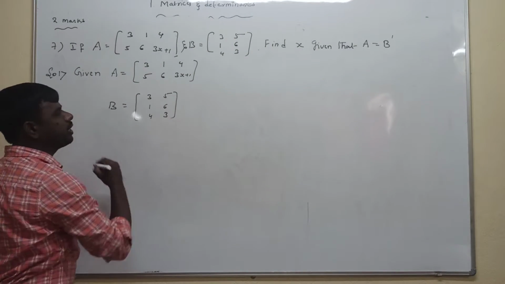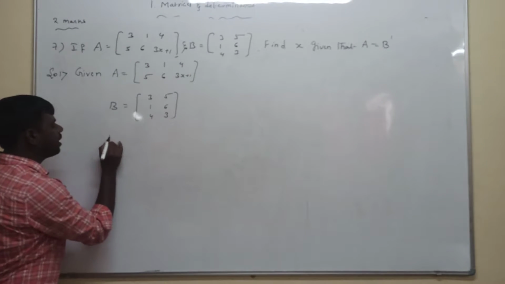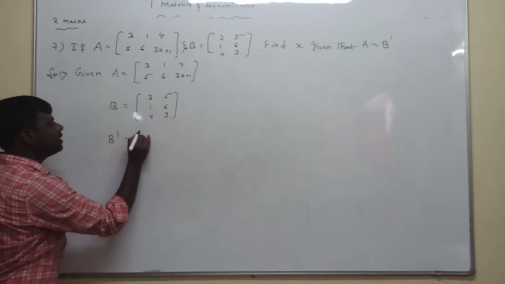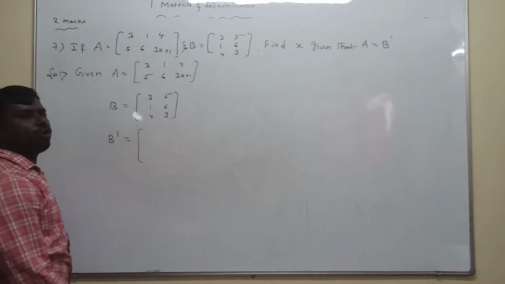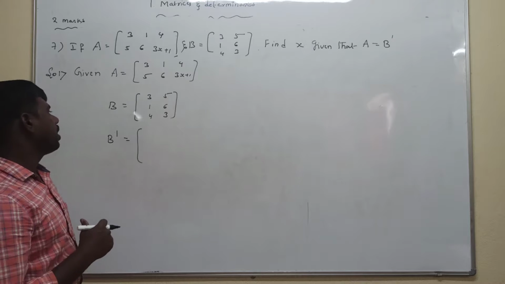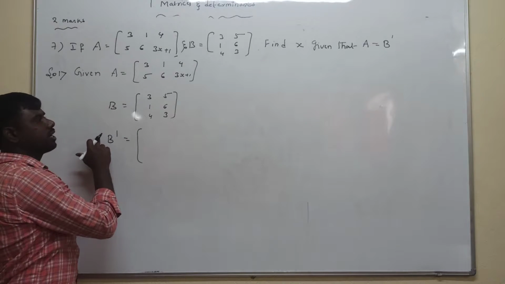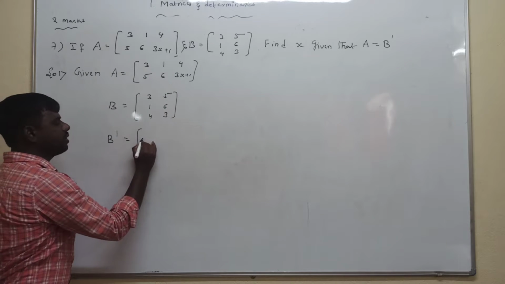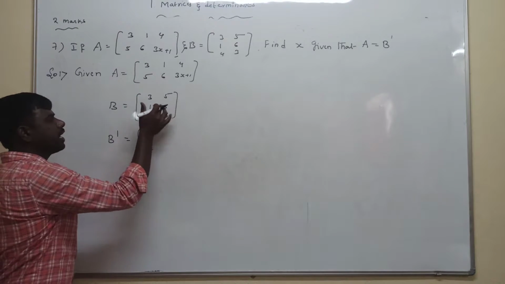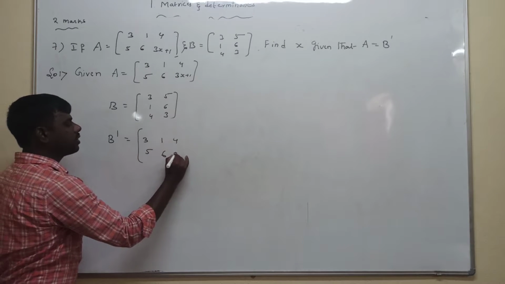In the given question, the transpose of B is there. That's why I am finding the transpose of B. The condition for the transpose of matrix B means interchanging rows and columns. So first row is replaced with the first column, second row with the second column, third row with the third column.